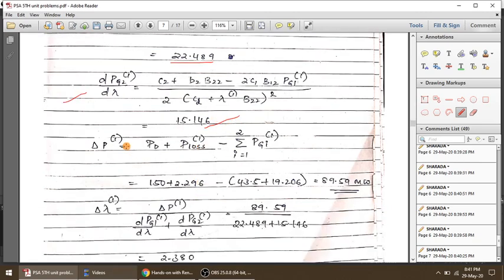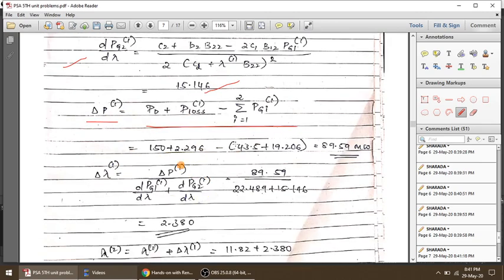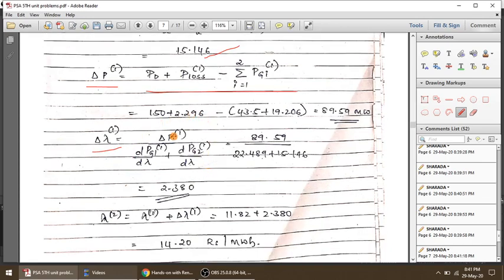Now the next step is to calculate delta p of 1. This is the expression. I'll get delta p of 1 around 89.59 megawatt. And then we have to calculate delta lambda to update the value of lambda. This is the expression, delta p of 1 divided by dpg1 of 1 by d lambda plus dpg2 of 1 by d lambda.